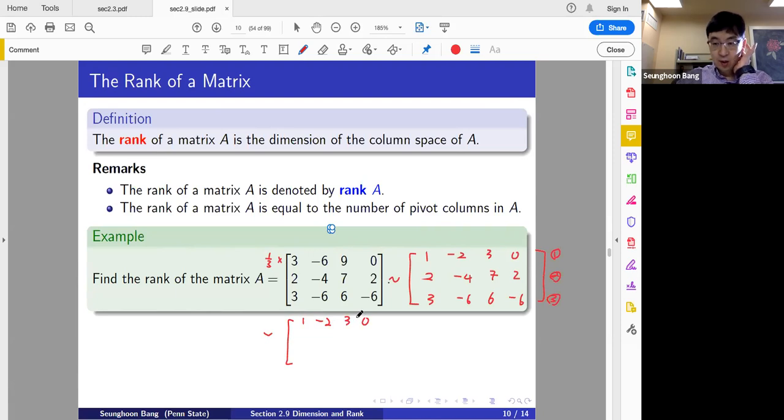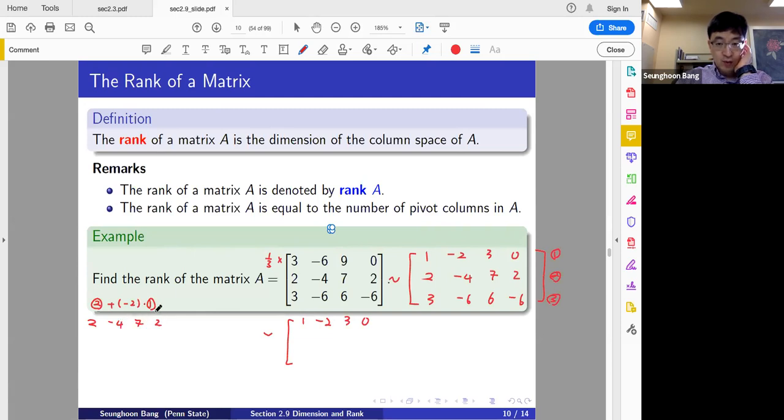The next step: how can I eliminate the 2? The second row plus -2 times the first row. The second row is 2, -4, 7, 2.